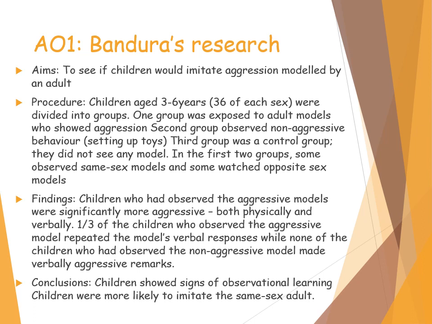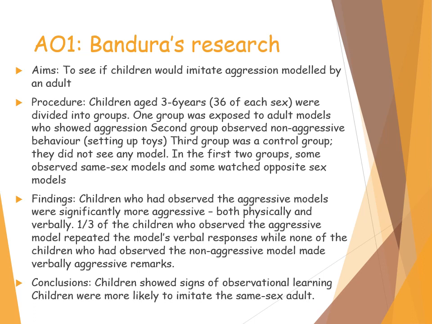They found that children who observed the aggressive models were more aggressive, both physically and verbally. A third of the children who observed the aggressive model repeated the model's verbal response, while none of the children who observed the non-aggressive model made verbal aggressive remarks.